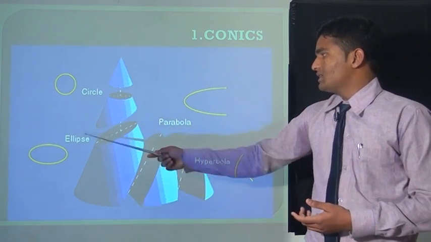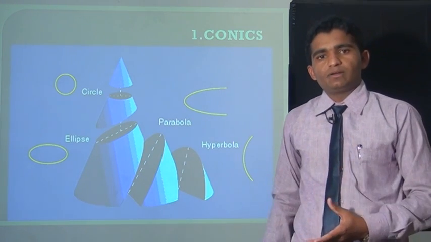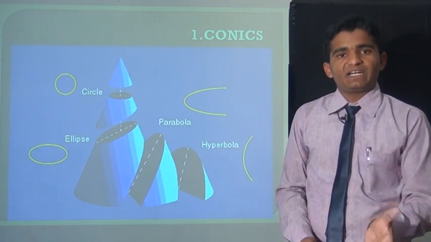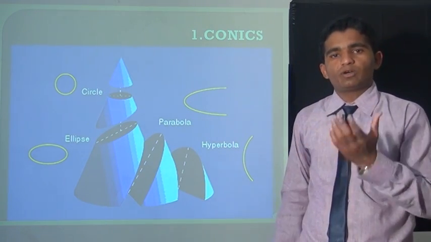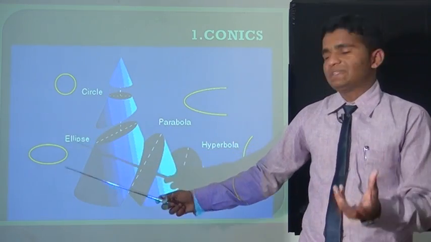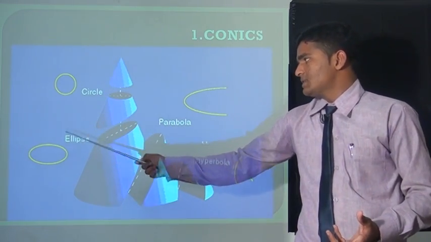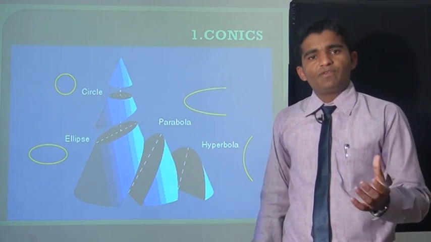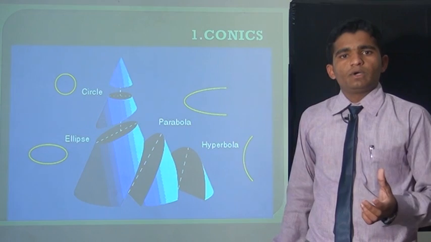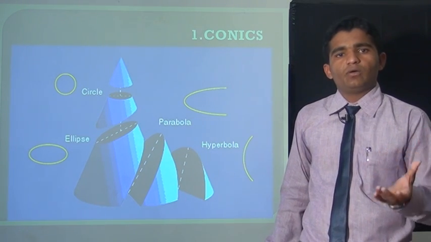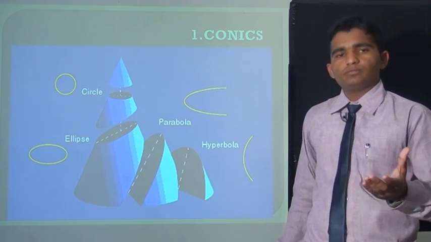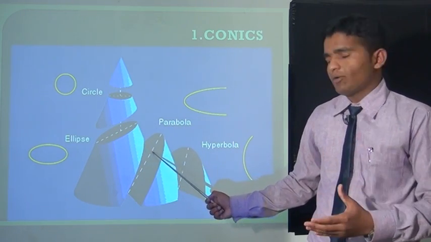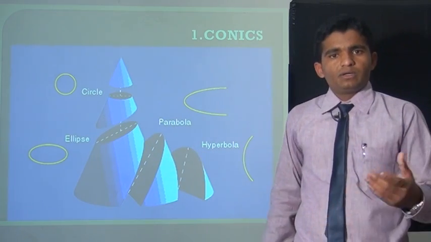Now for the ellipse, if we put the cutting plane on the cone in such a way that it cuts both end generators of the cone, as a result we will get an ellipse on the surface of the cone. Now for the parabola, if we put the cutting plane parallel to one of its generators, as a result we will get the parabola on the surface of the cone.